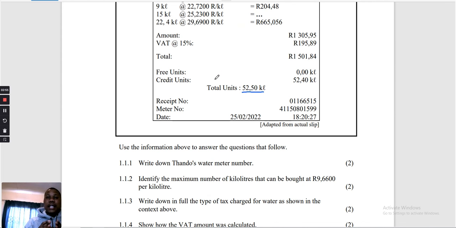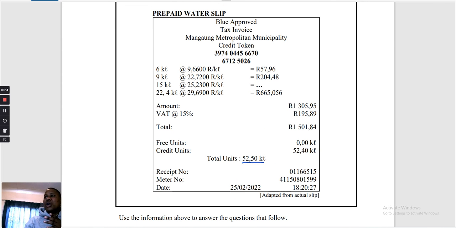Remember guys, here you need to relax your mind. When you're writing the exam in such a question, you don't need to think too much. The answers are just simple. Like the first one, they say write down Tando's meter number. So we just go back and look for the meter number. When you look on top, you are not given any meter number there.